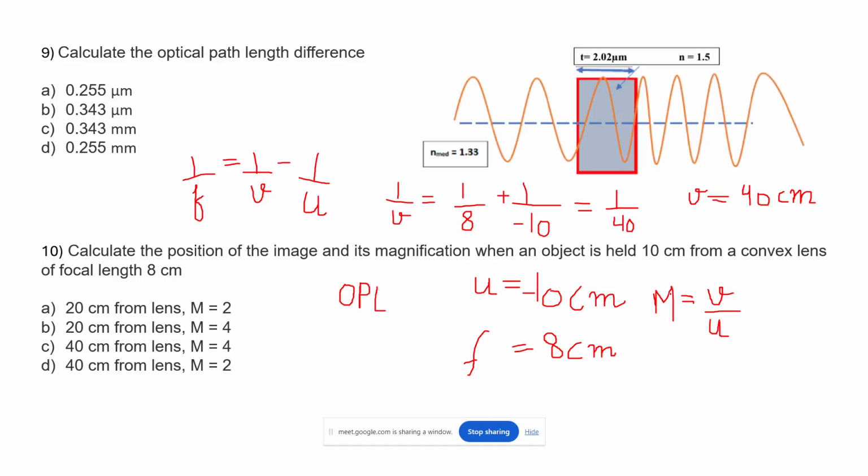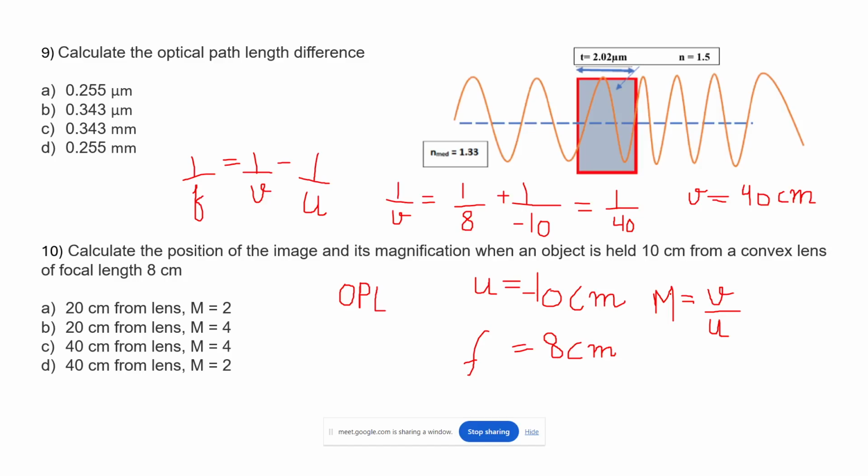Demagnification is how much the size of the image is decreased. Sometimes we need to decrease the size of image and sometimes we need to increase. In major cases we need to increase the size of image. For that we use this term known as magnification, where we use all these lenses.